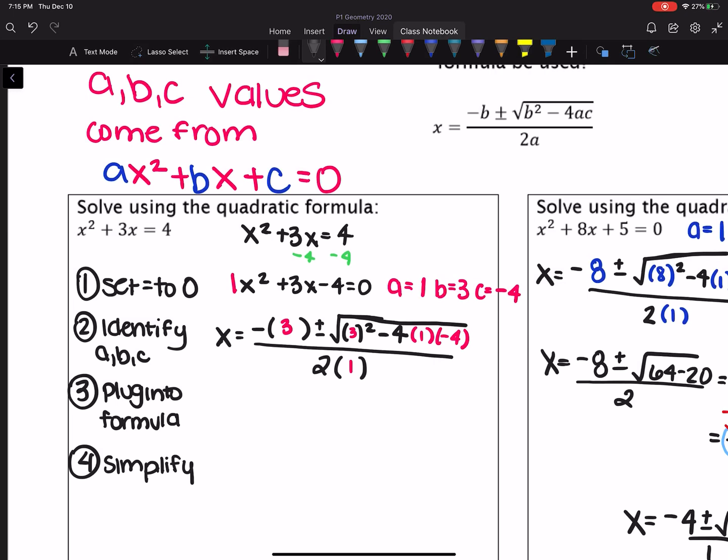Now that we've substituted our a, b, and c values in, we're going to want to start to simplify. So I would have negative 3 plus or minus the square root of 3 squared, which is 9. And then I have negative 4 times 1, which is negative 4. Negative 4 times negative 4 is a positive 16. And that entire thing is all over 2 times 1, which is just 2.